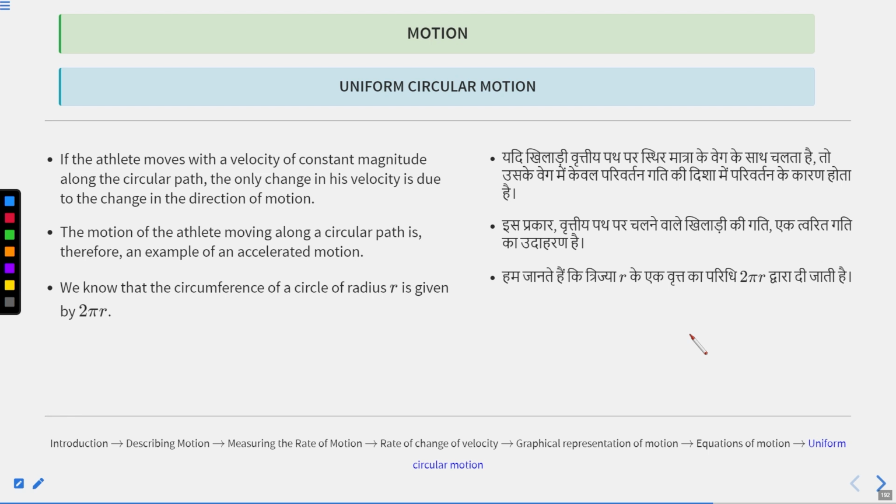If the athlete moves with a velocity of constant magnitude along the circular path, that is, with a constant speed, then the only thing changing in the circular track is the direction of motion.